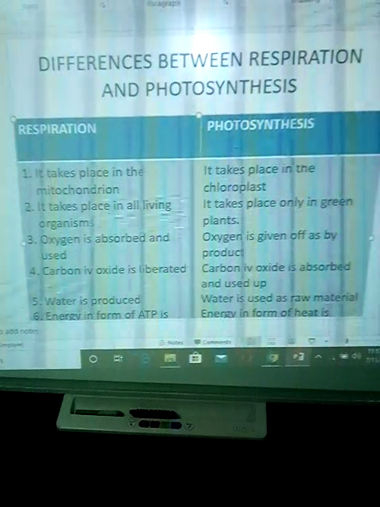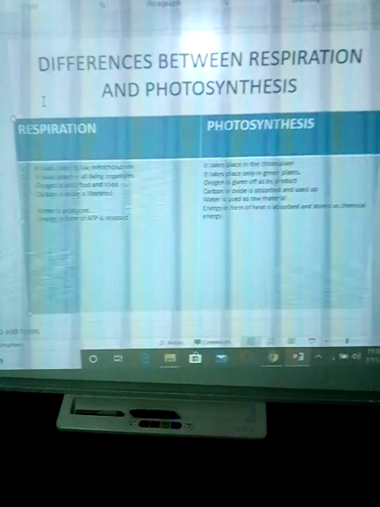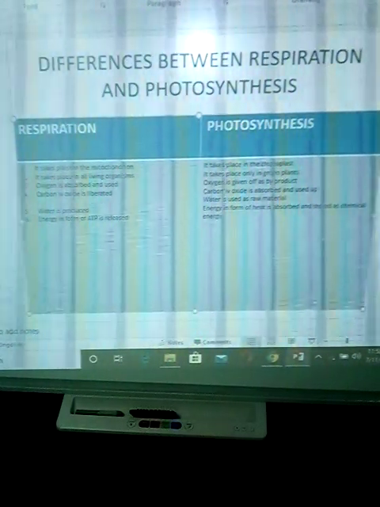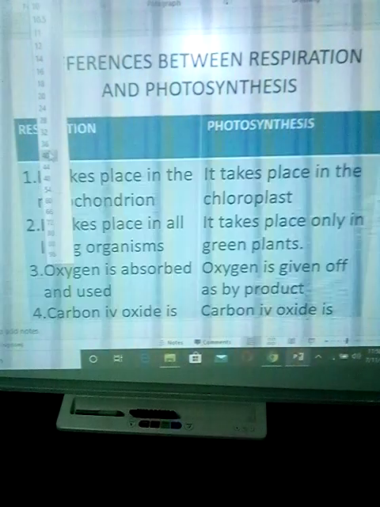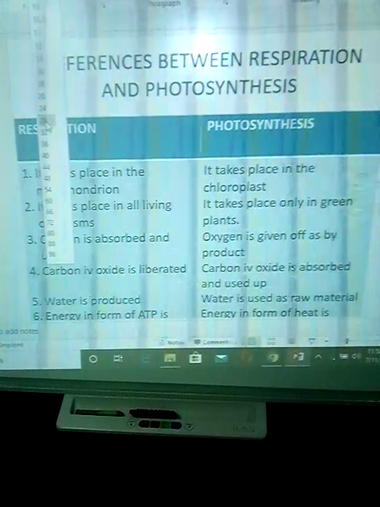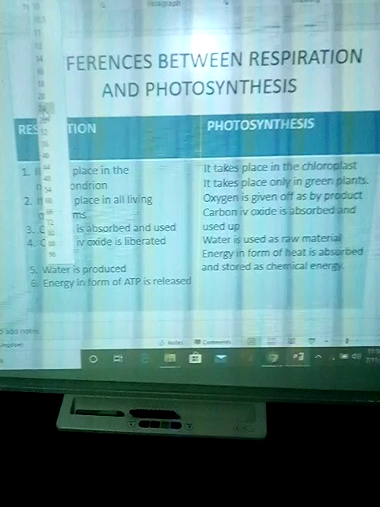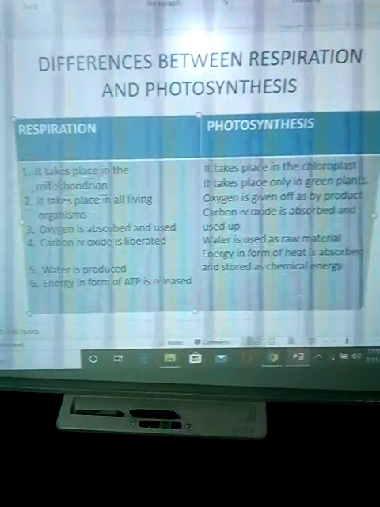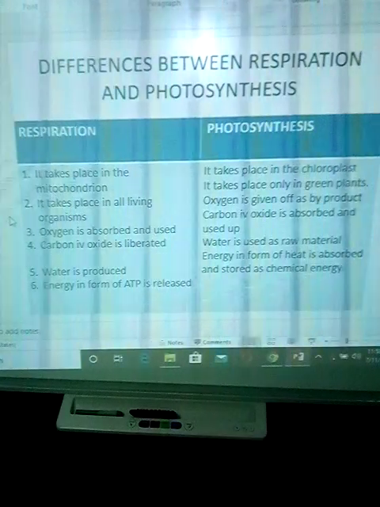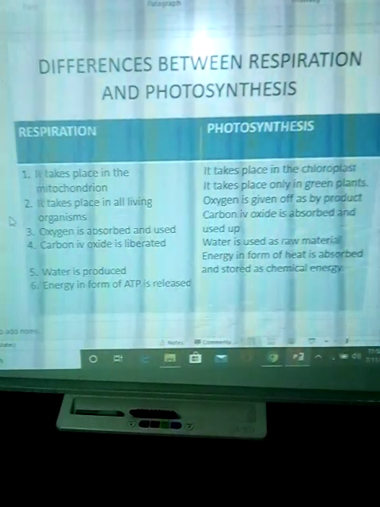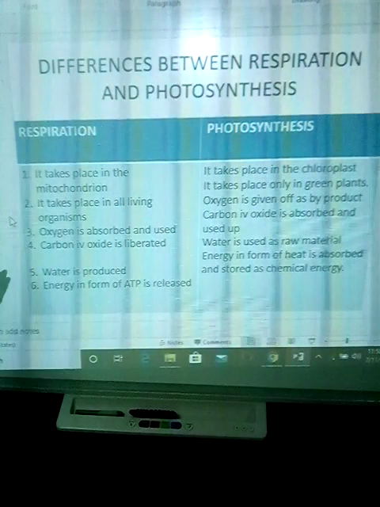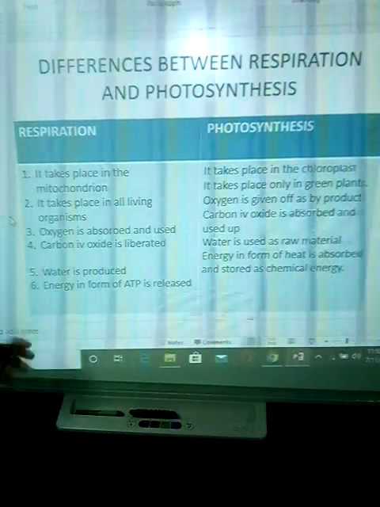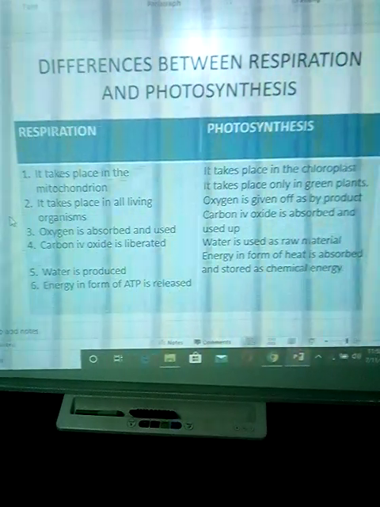Photosynthesis takes place in the chloroplast of cells. Respiration takes place in the mitochondria. Respiration takes place in all living organisms.